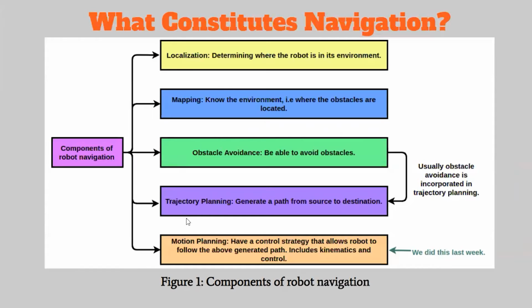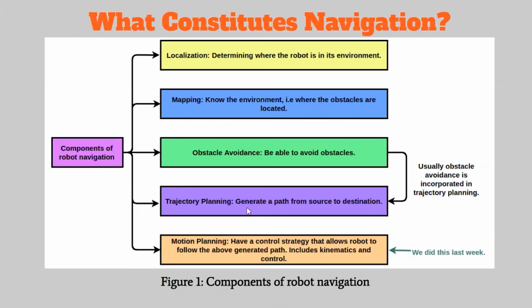But the real beast comes in trajectory planning. This has many names. As Aditya mentioned, path planning is just another term for trajectory planning. Knowing where your robot is and where the environment is, how do I generate a path from your source to your destination?